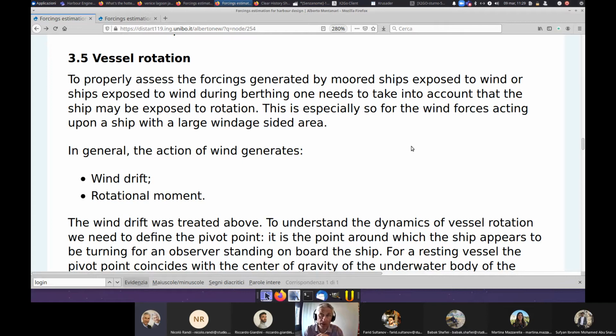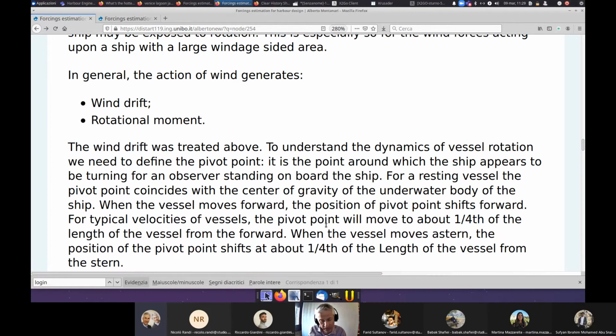It is important to estimate both components, because when we compute the forcing on the mooring points, the rotational moment is also important, as you may understand by intuition.